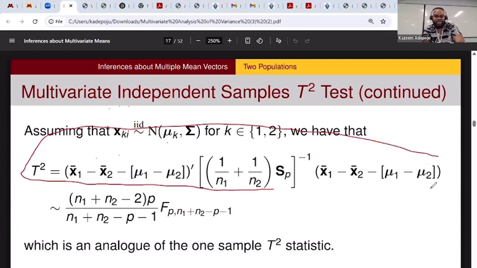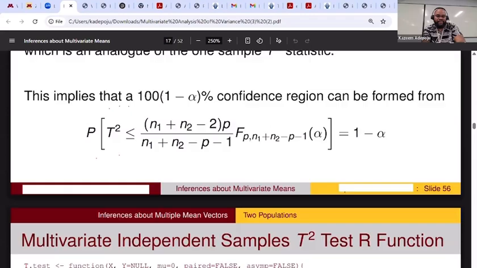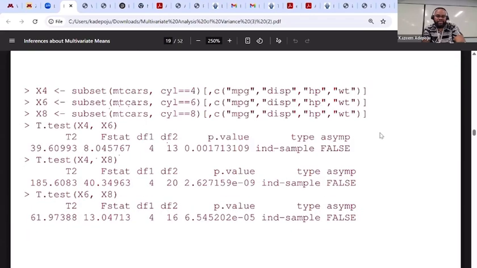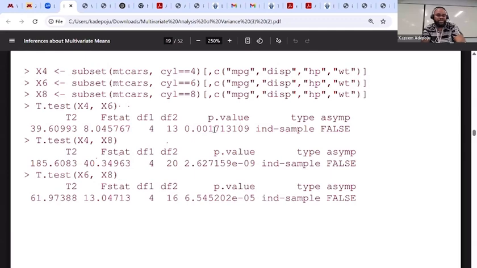You get your t statistic, you get the p-value associated with it. But with simple coding now, I got my p-value. 0.0017 is less than any reasonable level of significance, so we reject the null hypothesis.